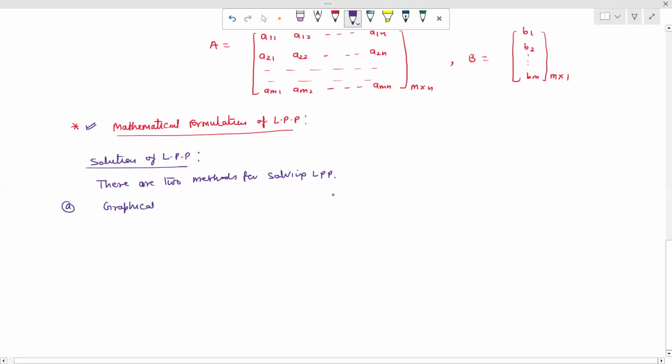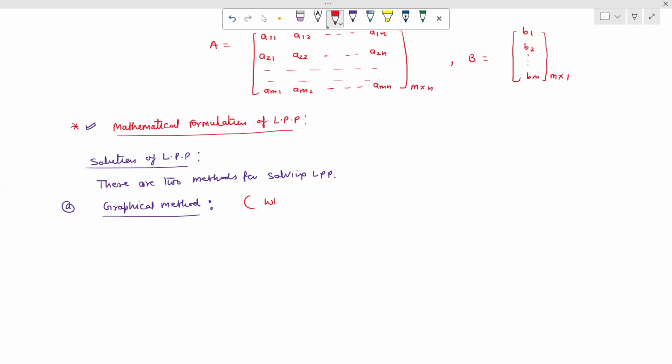It is a very popular method, but it has some restrictions. For solving problems by using the graphical method, it is necessary that the unknown variables or decision variables are 2.